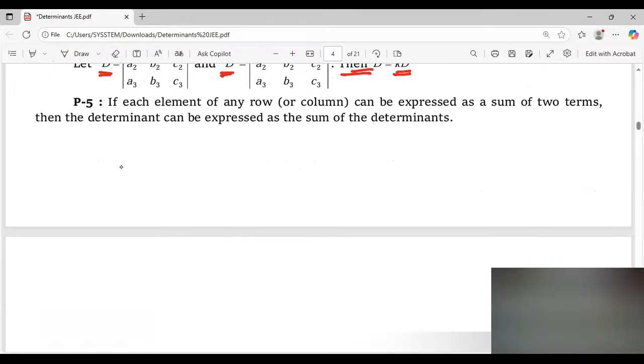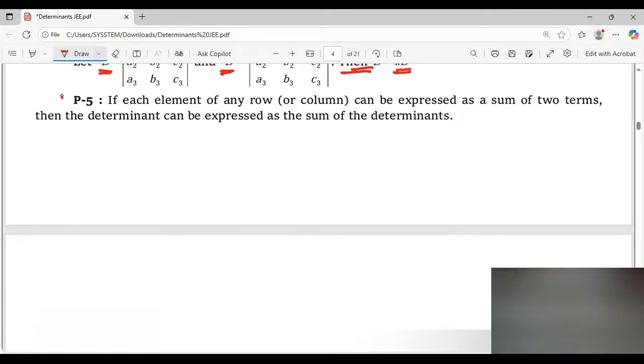Let's see the fifth property. If each element of any row or column can be expressed as a sum of two terms, then the determinant can be expressed as the sum of two determinants.